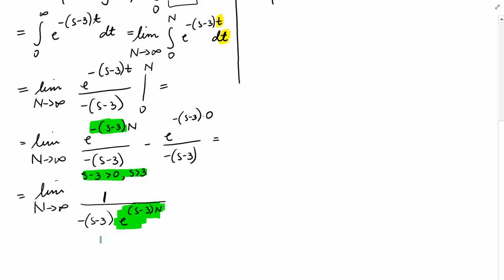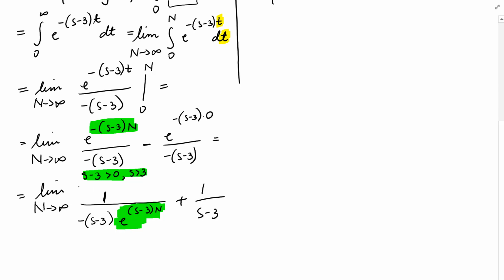A good example would be to consider s minus 3 to be 10. Then you have e to the negative 10 to the n, so when you write it, it's 1 over e to the 10 to the n. And then plus, because this minus with this minus gives plus, e to 0 is 1, over s minus 3.